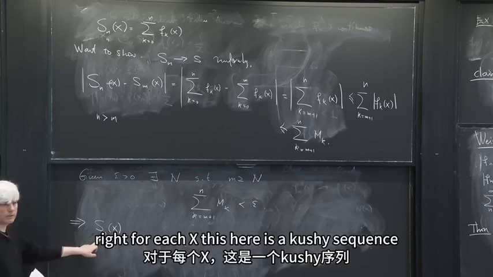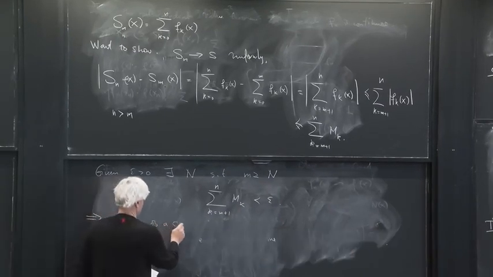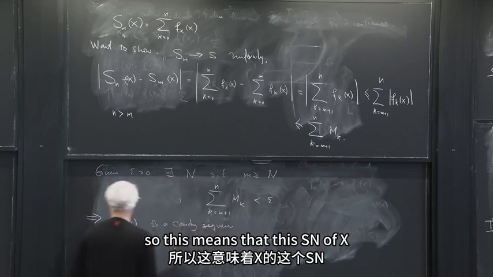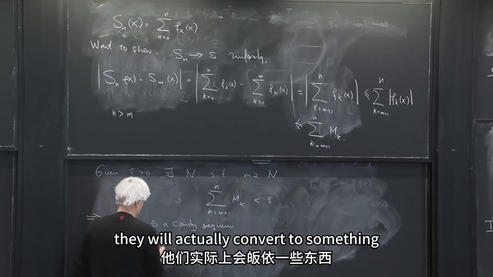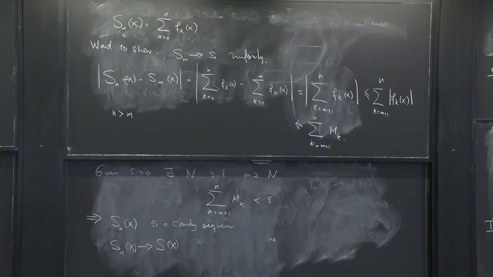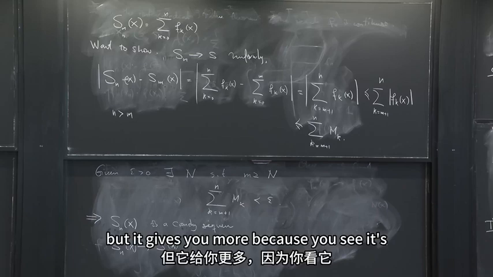For each x, this here is a Cauchy sequence. So this means that these Sn of x will actually converge to something, and that something I call S of x. So that gives you a function, S of x, but it gives you more.